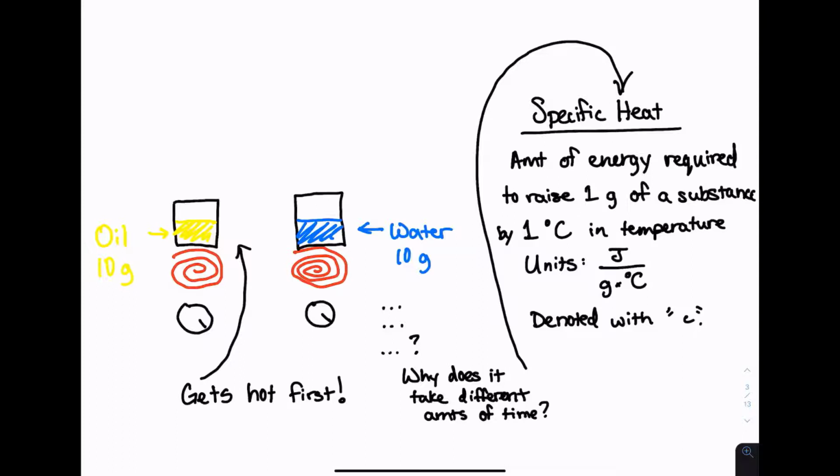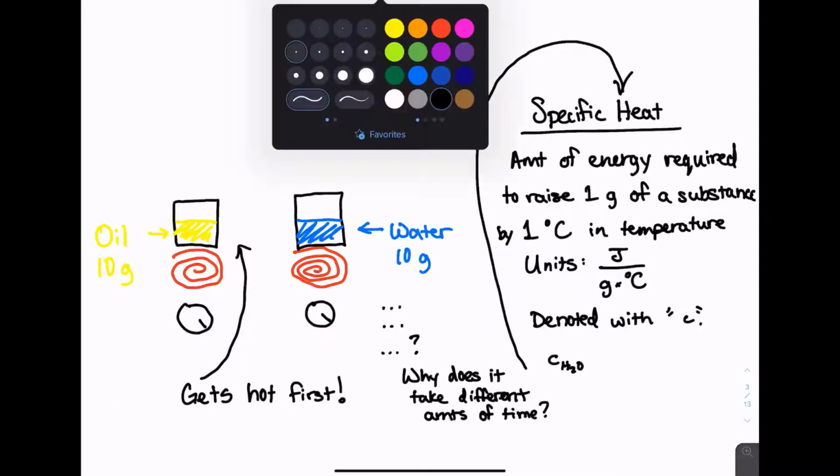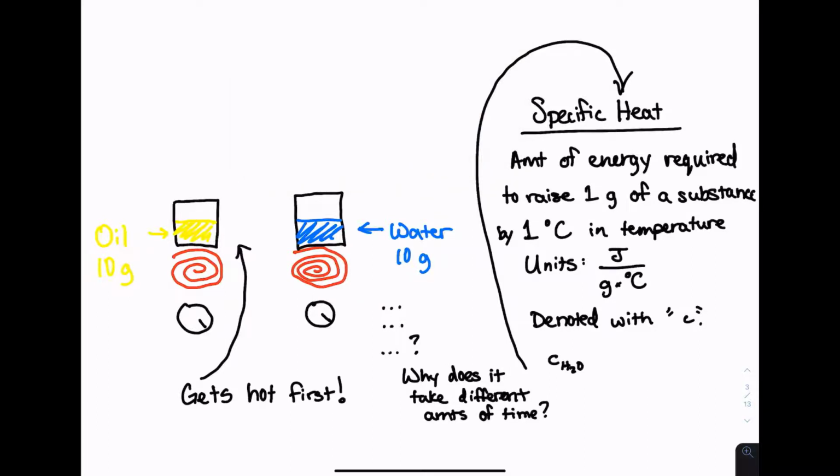So if I use specific heat as a variable in an equation, which I'm going to, then I'm going to denote it as lowercase c. Okay. So the specific heat of water is equal to 4.184 joules per gram times degree Celsius.